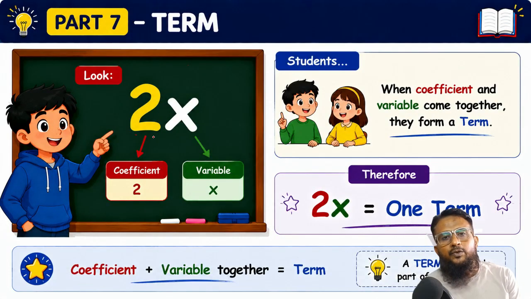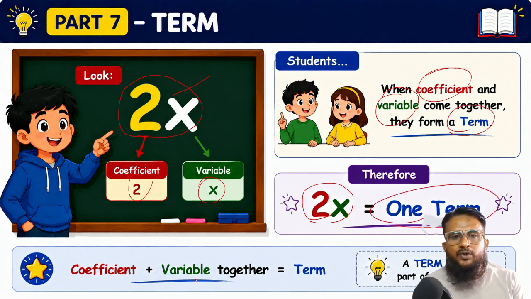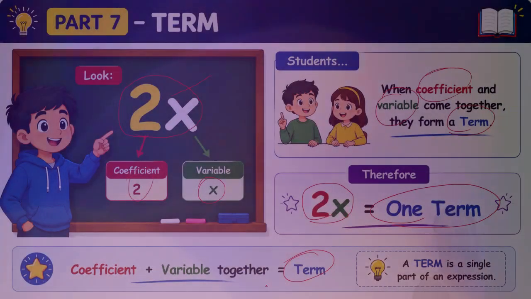See, students, 2x, this entire expression is a polynomial, right? 2 is the coefficient and x is the variable. When coefficient and variable come together, they form a term. So 2x is one term; coefficient plus variable together is a term.